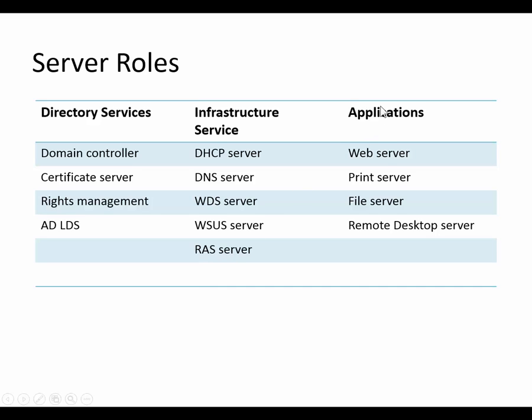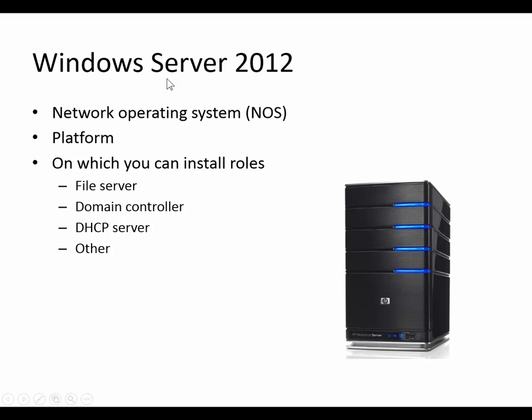And application roles include web server, print server, file server, and remote desktop server. Windows Server can perform any of these roles. So Windows Server is a network operating system. It is a platform onto which you can install whichever roles you need, either just one of them or all of them.